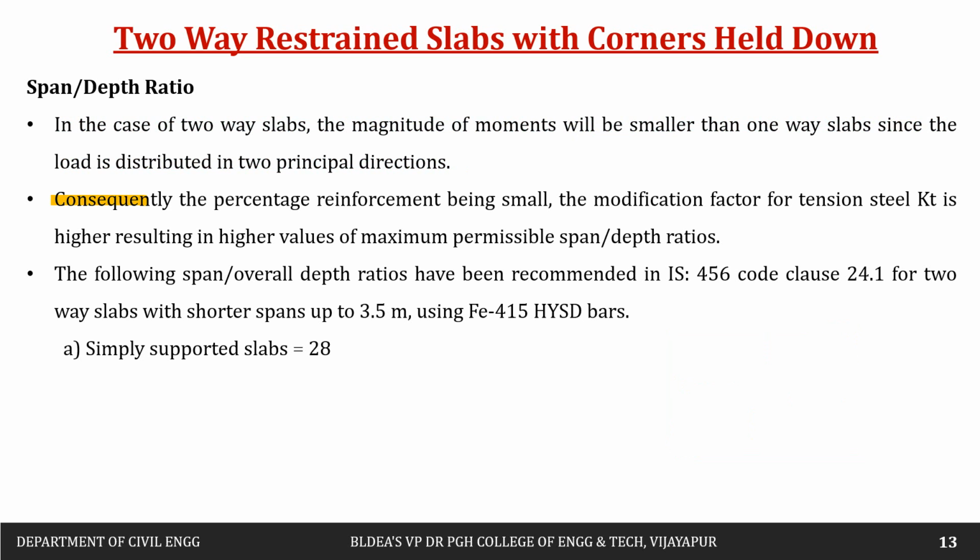Consequently the percentage reinforcement is small, so the modification factor for tension steel, Kt, is higher, resulting in higher values of maximum permissible span to depth ratio.